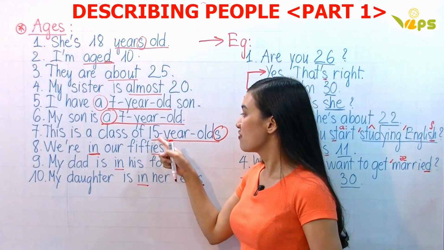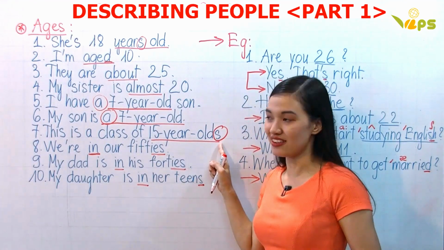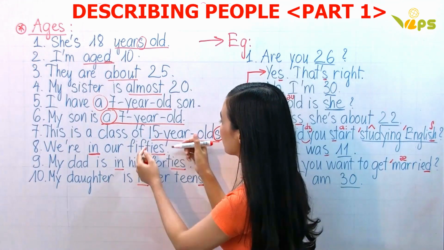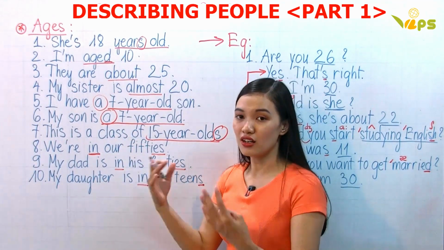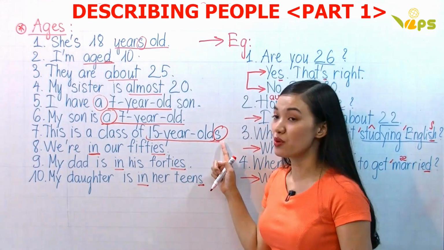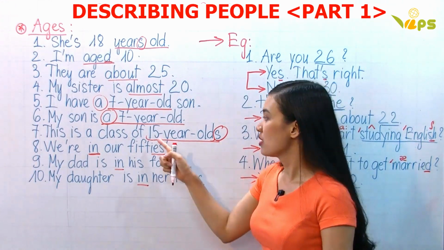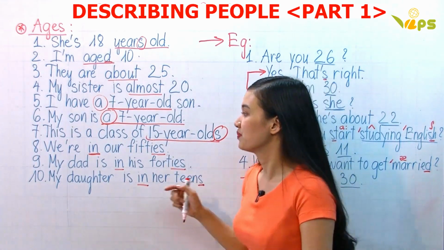We use 15-year-olds, and then we add s here. Remember, this is a noun. And a class, a lot of people, and then we have to add s at the end. 15-year-olds.